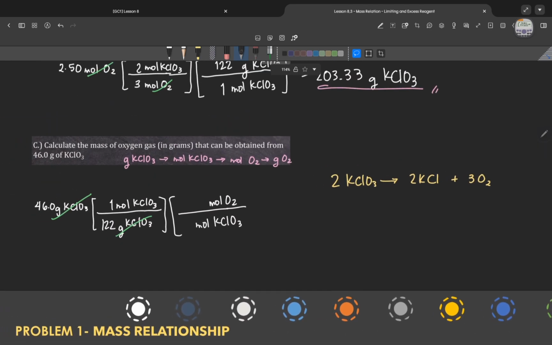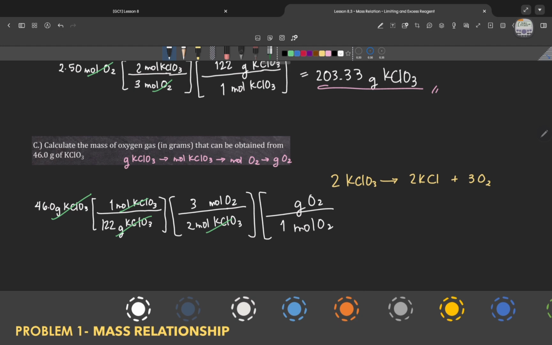So we have 2 is to 3. So 3 and then 2. We cancel this, but we still need the grams. So now we have moles of O2 and then grams of O2.